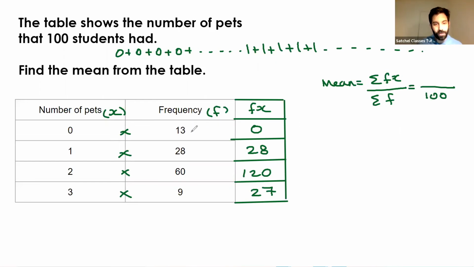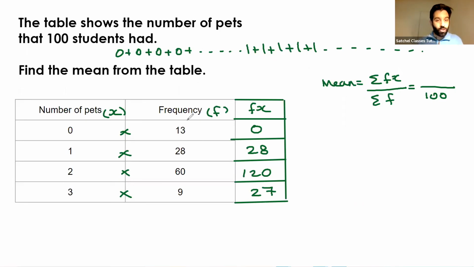If we add this up, 13 plus 28 makes 41, plus 60 makes, is this correct? Do we have an error here? 13 plus 28 plus 60 plus 9 gives us 110 actually. So maybe there might be an error in the question.